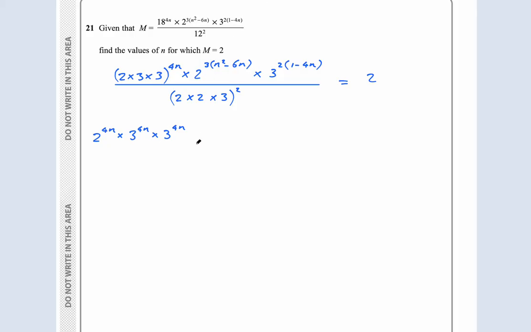Then I'm going to do times 2 to the power of 3n squared minus 6n times 3 to the power of 2 times (1 minus 4n). That is fine. And that is going to equal, now I'm going to do another crazy thing. I'm going to multiply both sides by this.